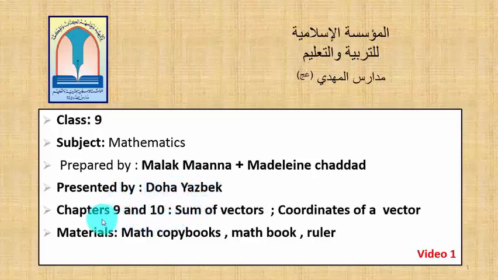I am going to explain to you chapters 9 and 10, sum of vectors, coordinates of a vector. Put the following materials behind you: math copybooks, math book, and ruler.